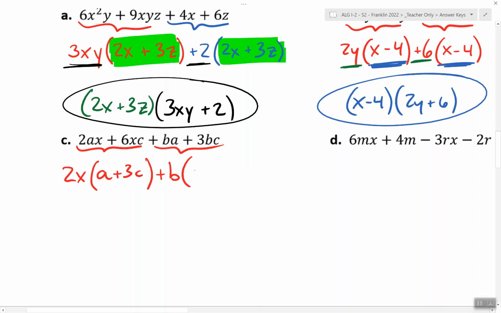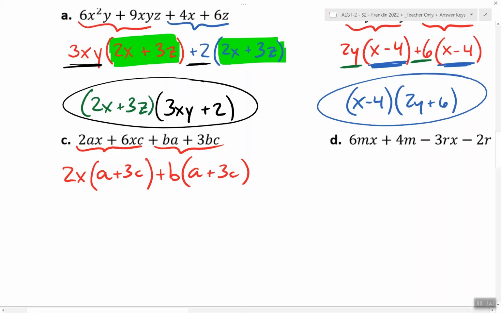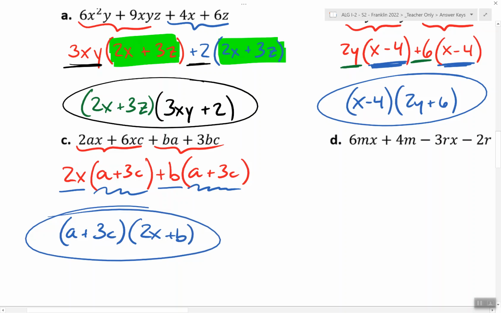And again, what's left here is a plus 3c. And you can see right here we've got a plus 3c on both of those. That's the first expression. And next is what's left, 2x plus b. There's your answer.